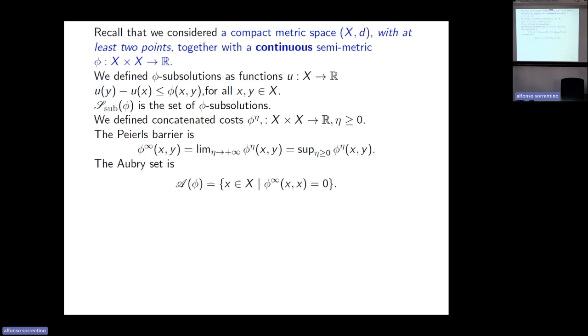The Aubry set was defined as the set of points such that phi infinity of (x, x) is 0.